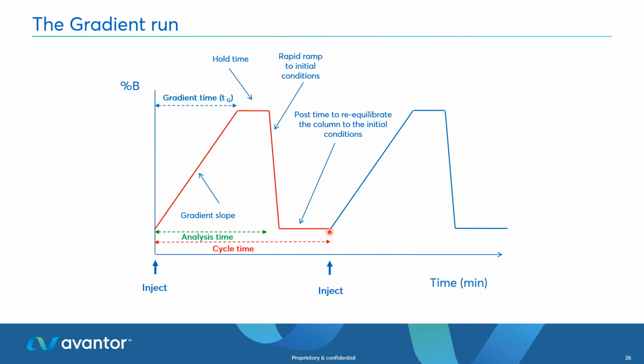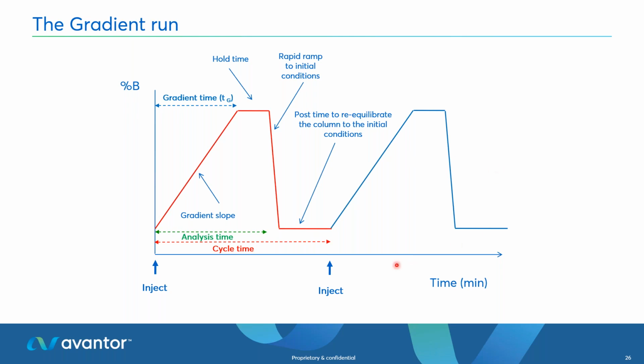If you've got ion pairs in there, or if you're running HILIC, then it should be much longer than that. I don't have time to go into all the details there, but make sure that you're always starting at the bottom of this gradient slope, because if you start your next injection before everything's fully equilibrated back to those starting conditions, then you're going to get a lot of inconsistent chromatography.